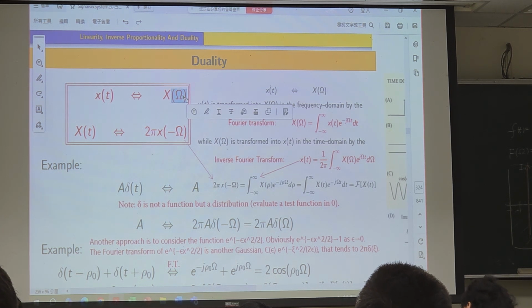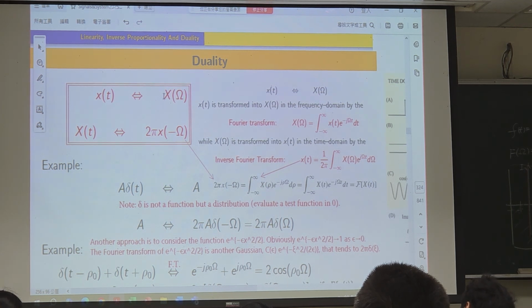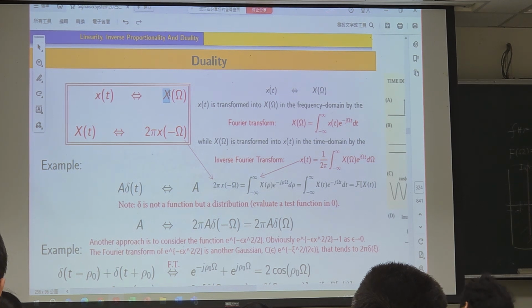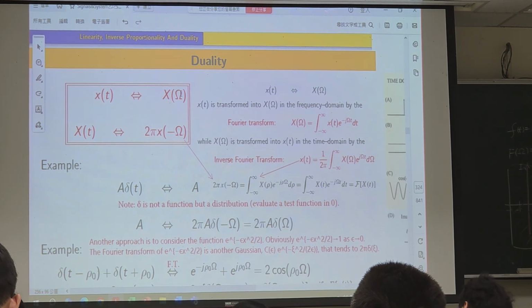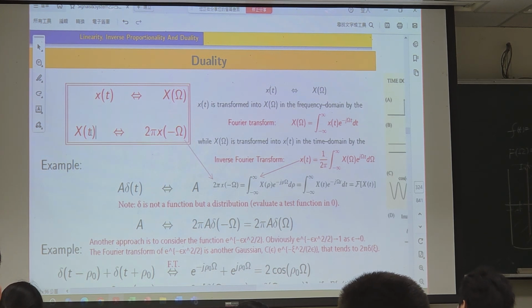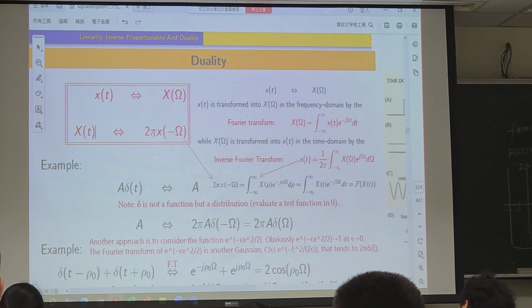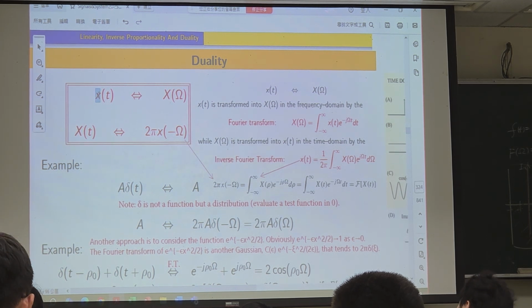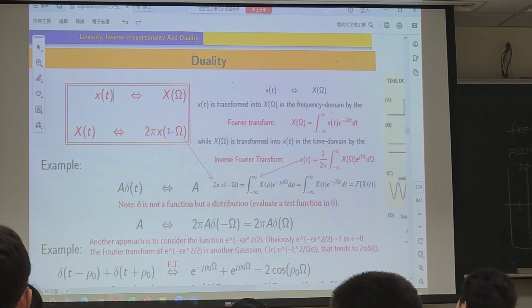Now, if I use this function X and replace the frequency argument by t, the time domain t, and then take the Fourier transform, then we will find that the corresponding Fourier transform becomes 2 pi times x of negative omega. Now this x is the original function x of t, but with the argument negative omega.